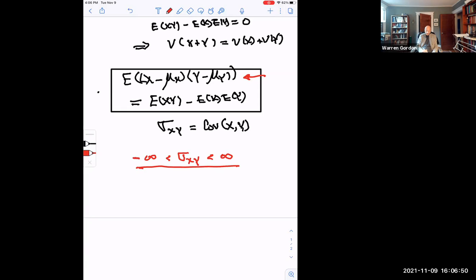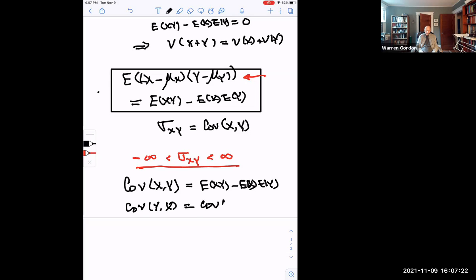Just some observations. Firstly, we have the covariance of X and Y. Observe by symmetry, it doesn't make a difference which formula you use, it's the same. If you replace Y with X, notice immediately it's symmetric. So the order in which you indicate the random variables doesn't matter.